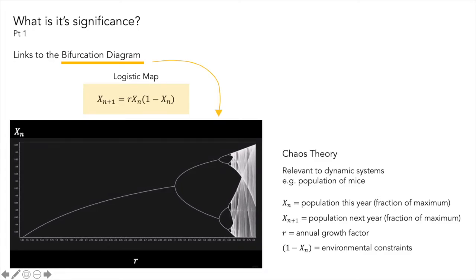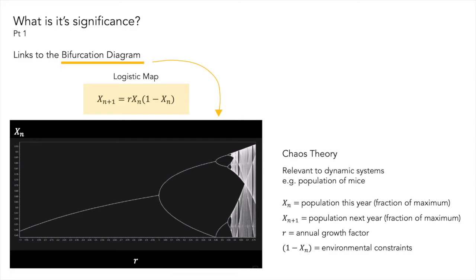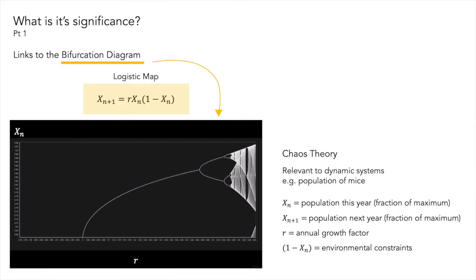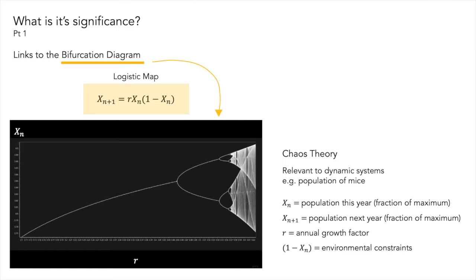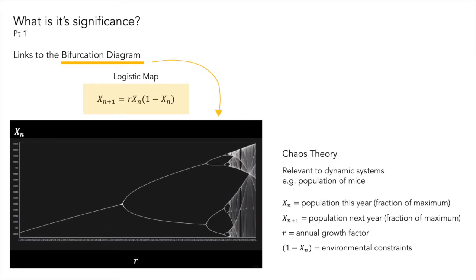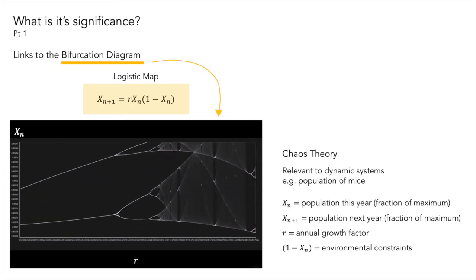So for the example of a population of mice, x_n is the population, x_{n+1} is the population next year, r is the growth factor, and the last bracket, 1 - x_n, is the environmental constraints. So for example, if the population is really high, then it's probably not going to grow much next year because of possible starvation due to lack of food.